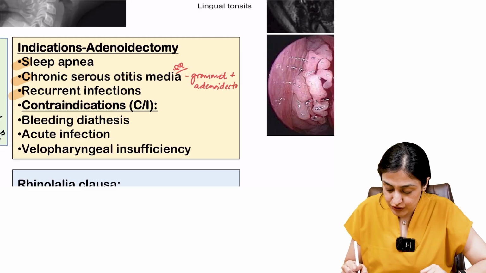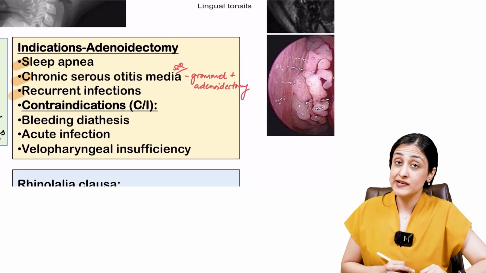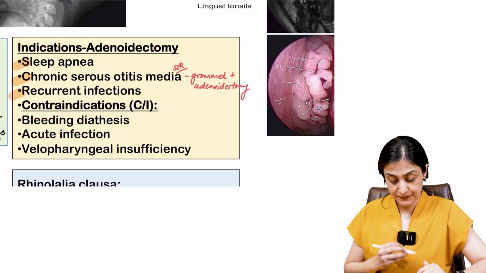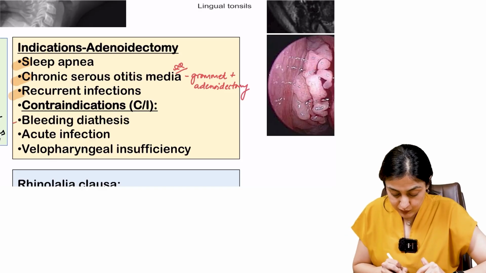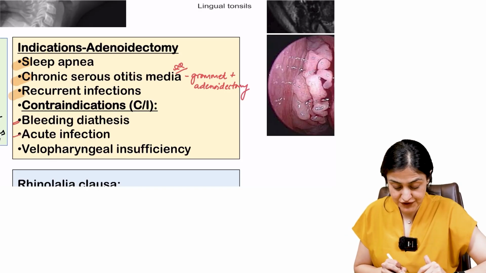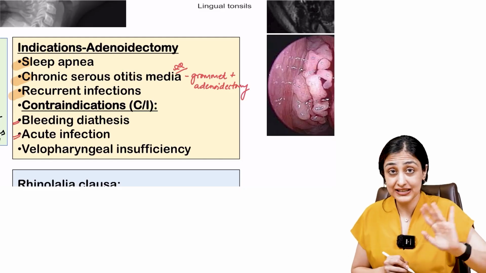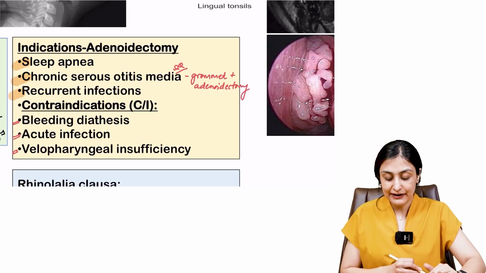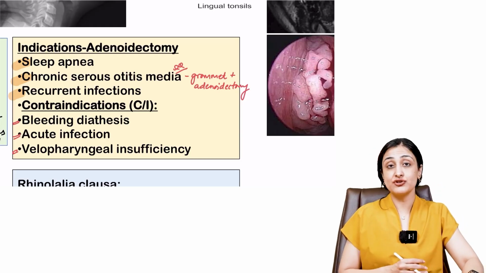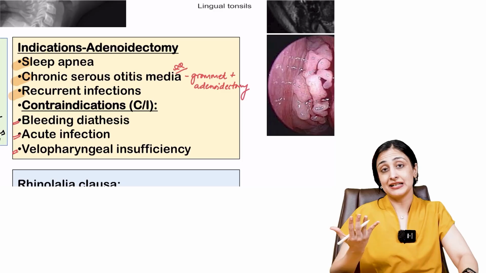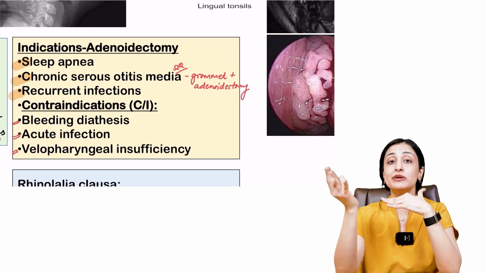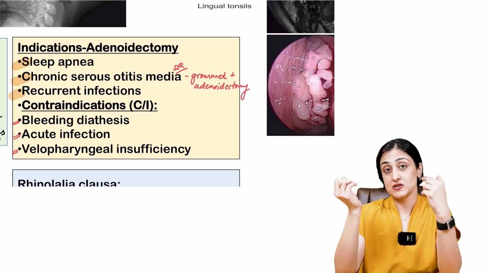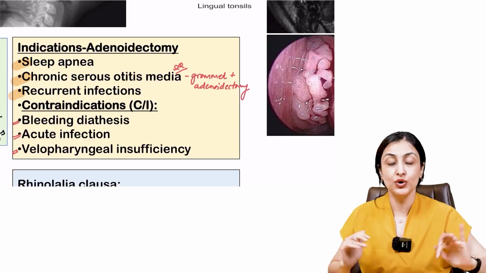You'll have to do both, treat the serous otitis media and treat the root cause. Recurrent infections also. Contraindications, very important, would be bleeding, right? Of course, acute infection, you will let the acute infection heal, and velopharyngeal insufficiency, which can basically be aggravated. Velopharyngeal insufficiency means there's a problem with the palatal muscles, and in that case, you don't want to operate.